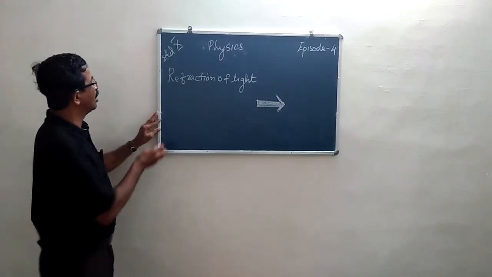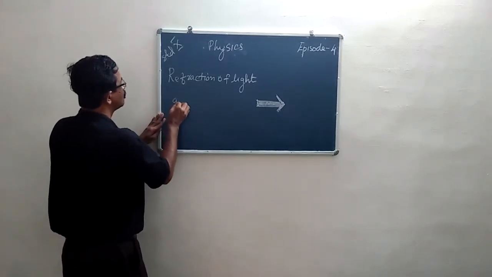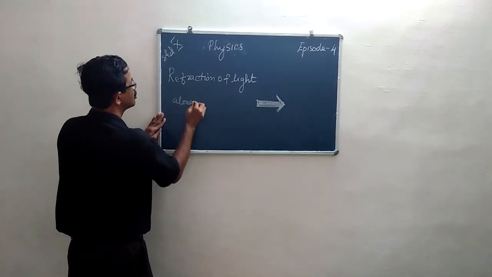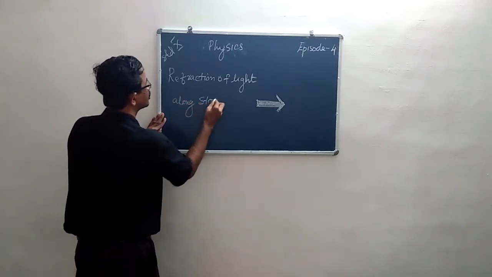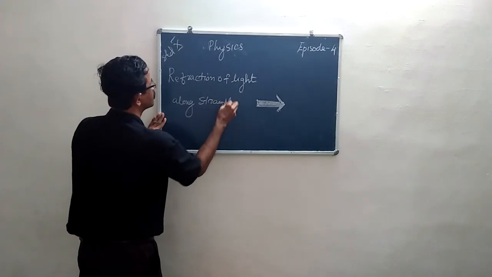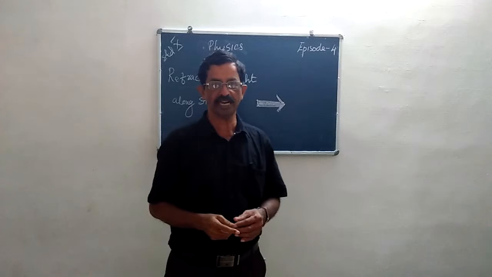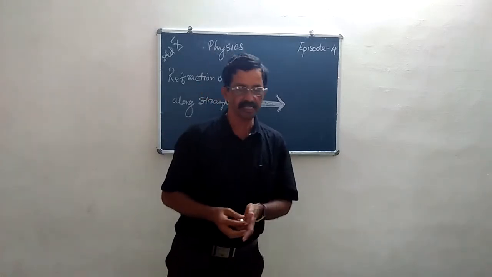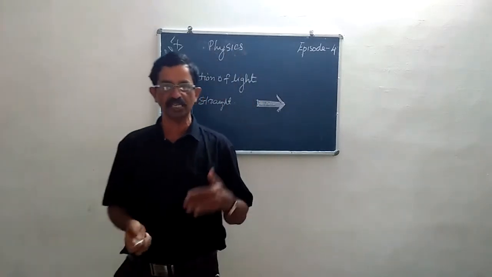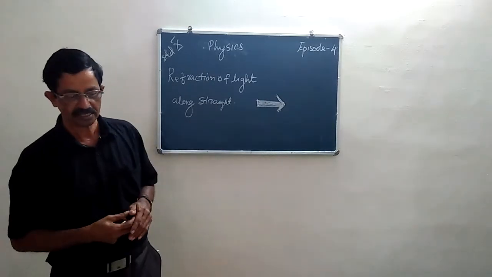We know light travels along a straight line, such as light from a torchlight, which we can see going in a straight line.